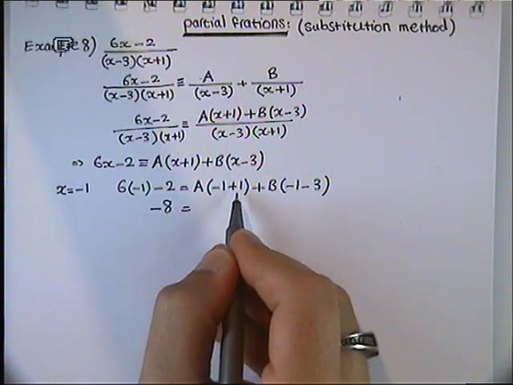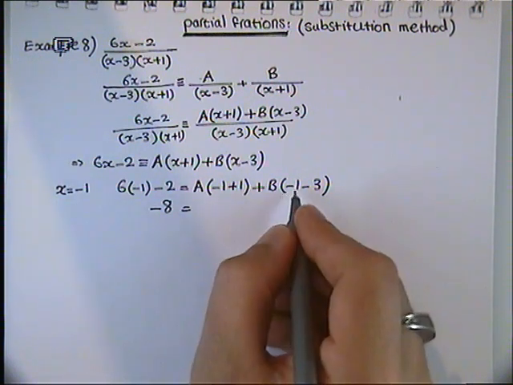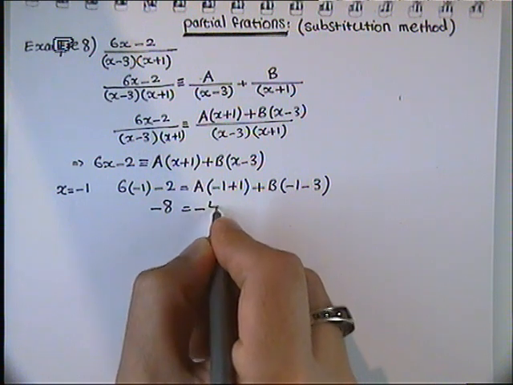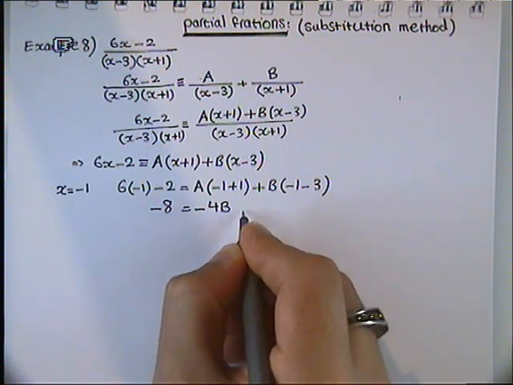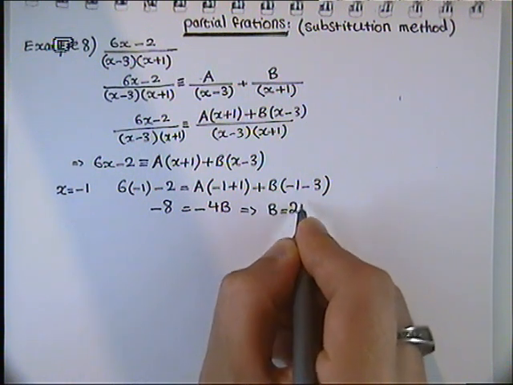Equals: -1 + 1 is 0, so A times 0 is 0, and -4 times B is -4B. Therefore, B is equal to 2.